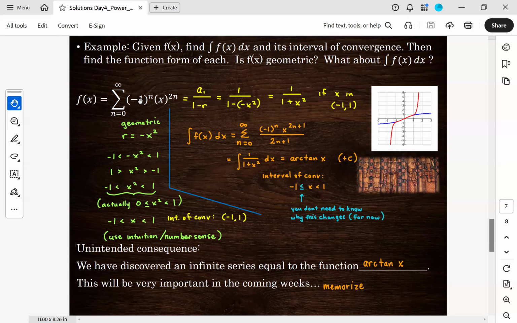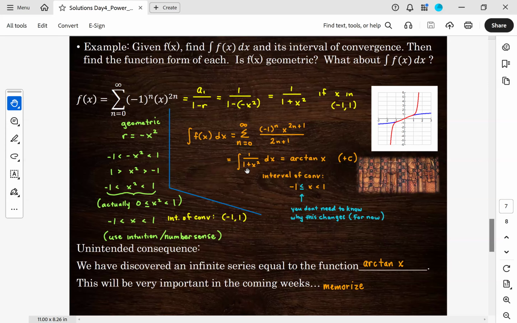So negative 1 to the n, that just carries right down as a multiplier. x to the 2n, let's raise the power by 1, as we've done in the past, and then, of course, we divide by the new power. So here is your new series that is the integral of the previous, and therefore I could set it equal to the integral of the previous function.